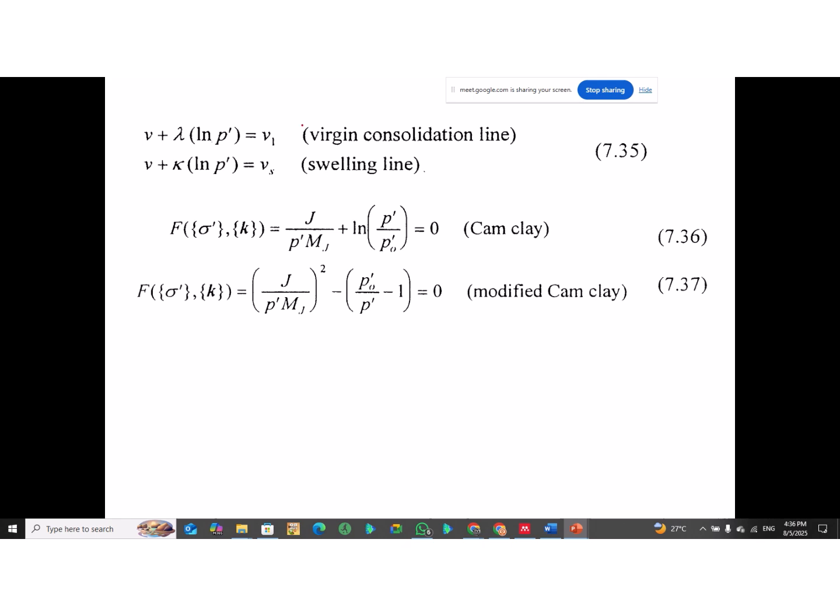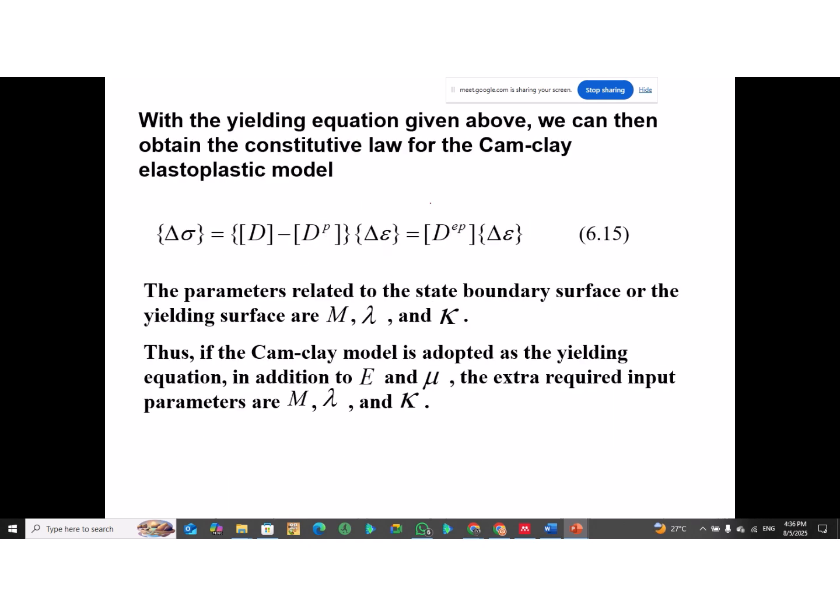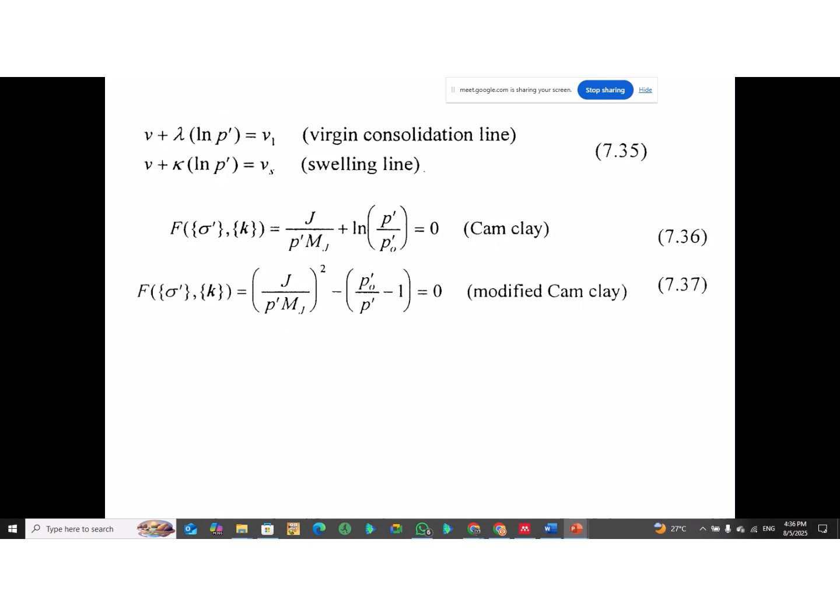So the virgin consolidation line, swelling, we said that, and so you remember. This is just saying what we have been talking about. To transform the yielding function to what did we call it? The plastic potential surface equal to 0, isn't it? Yeah.